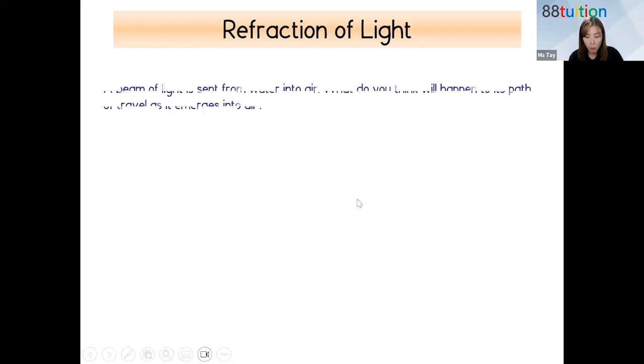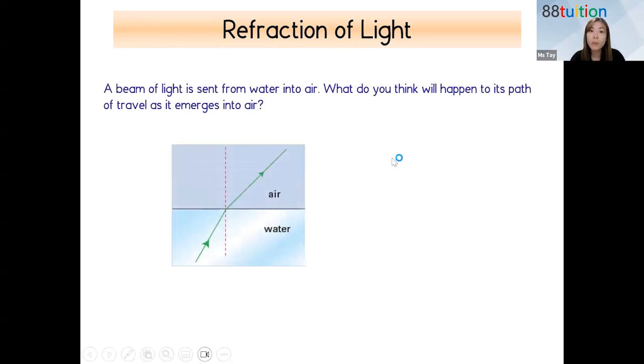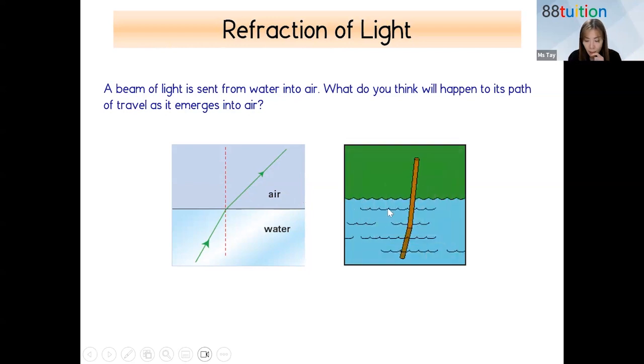Okay, so why is that so? Because refraction has occurred. You have to understand when you have light moving from water into air, the light rays still travel in straight lines, but it will change in its speed. So when it changes in its speed, it is going to move away from the normal in this case, okay?